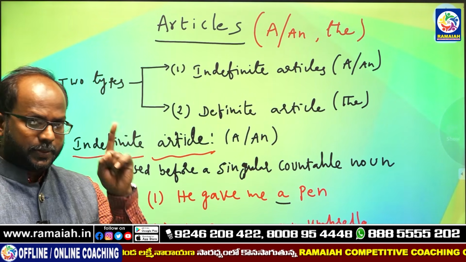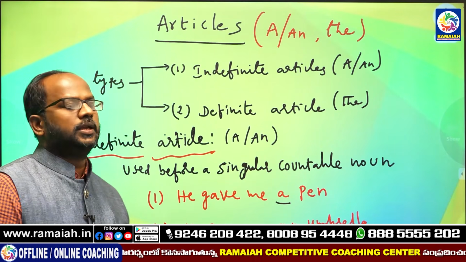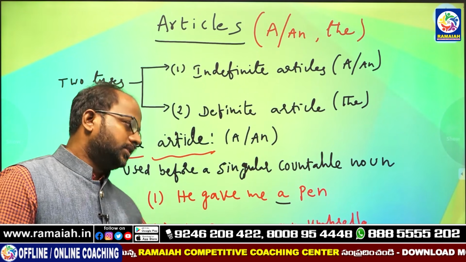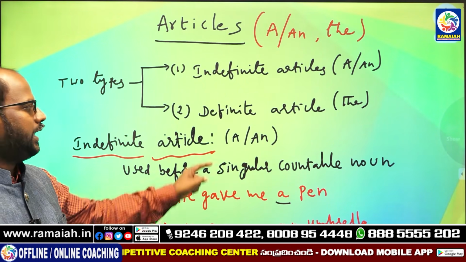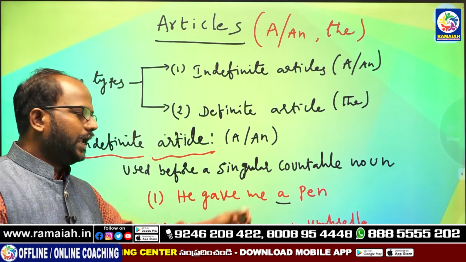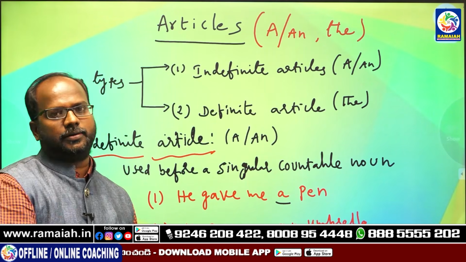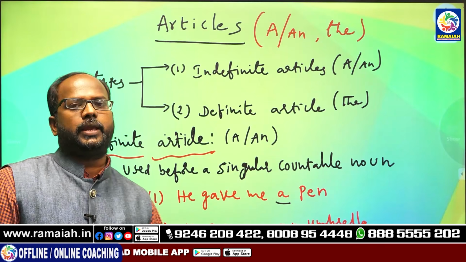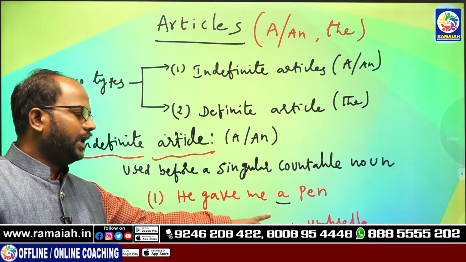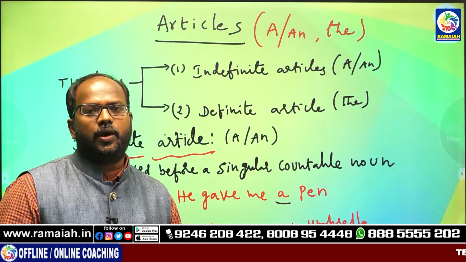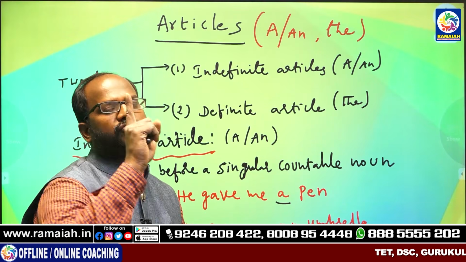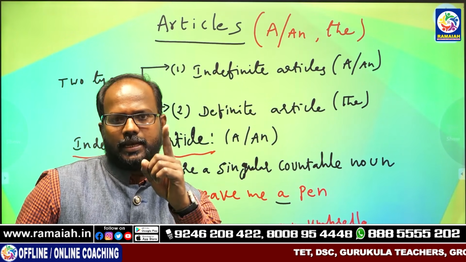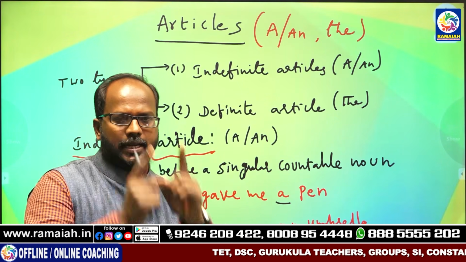Then only we use a or an. He gave me a pen. He gave me an umbrella. A or an gives the sense of one, single.